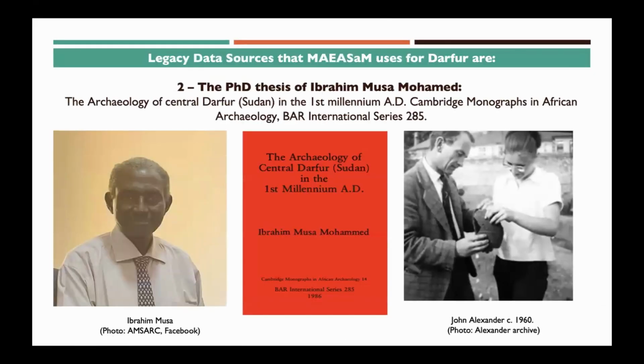Another source we used is Professor Ibrahim Musa's thesis, the archaeology of Central Darfur in the first millennium. I have worked on this source particularly, and he was able to identify and work in lots of different archaeological sites.